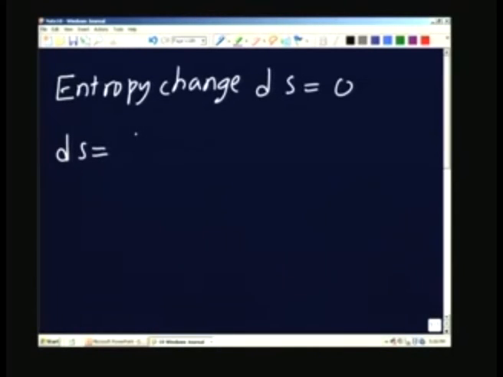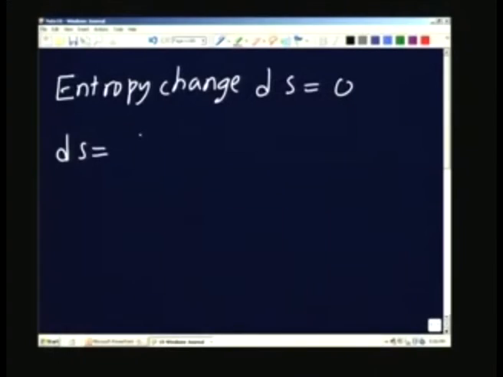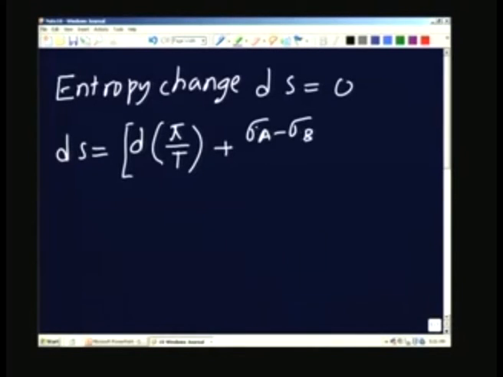The heat is absorbed at one of the junctions at temperature T, so the entropy change is pi by T, where pi is the heat absorbed or rejected divided by the temperature at that junction, and the other junction is at T plus delta T. Therefore, the entropy change is d of pi by T for a small temperature difference between the two junctions, plus sigma a minus sigma b into dt divided by T, of course multiplied by I. This is equal to 0.